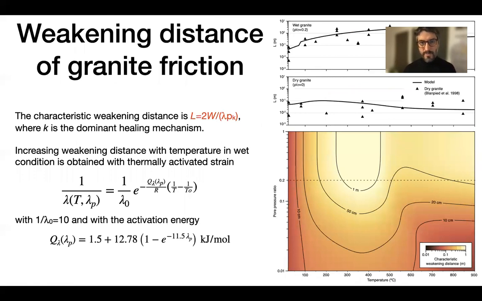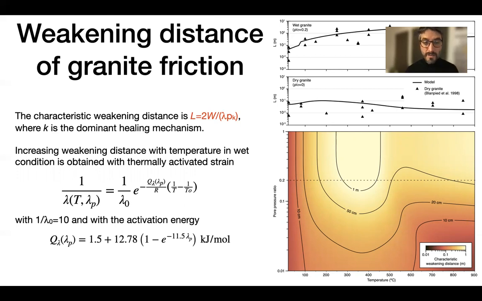Finally, the model can also predict the characteristic weakening distance for a single mechanism of healing. This is predicted by this simple equation. The weakening distance scales with the thickness of the gouge layer and with the characteristic strain. To capture the temperature and fluid content dependence, this characteristic strain for contact rejuvenation, 1 over lambda, has to be thermally activated as well.